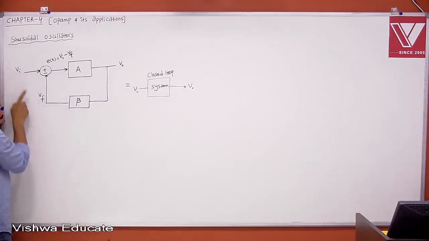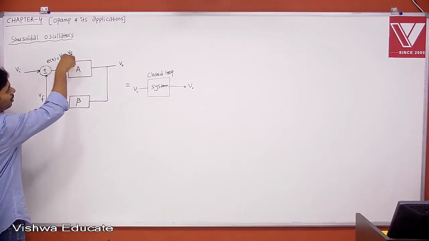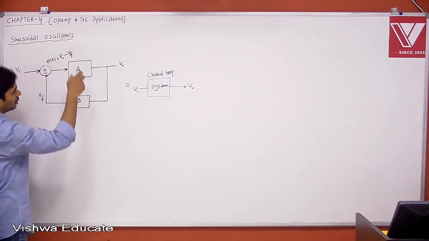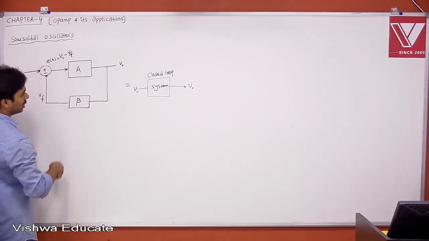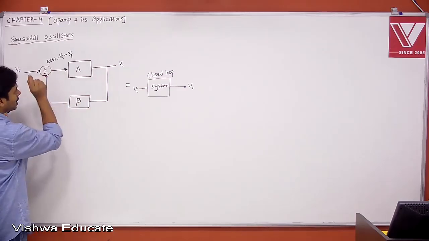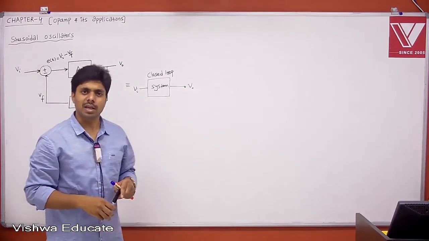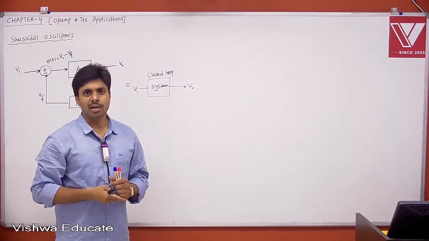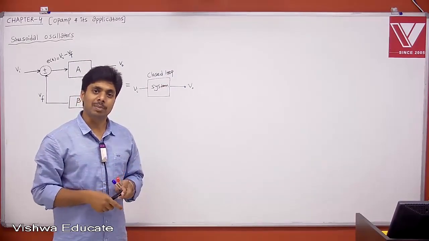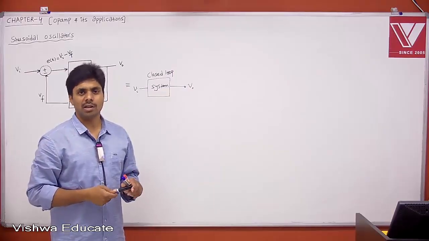Therefore, this is bounded, and this is also bounded, intermediate to your open loop amplifier. Therefore, if you want to speak about system stability, you can take a node in a closed loop system. If that node is bounded, I can say the overall system is stable. So you can take any node and speak about whether it is bounded or not.